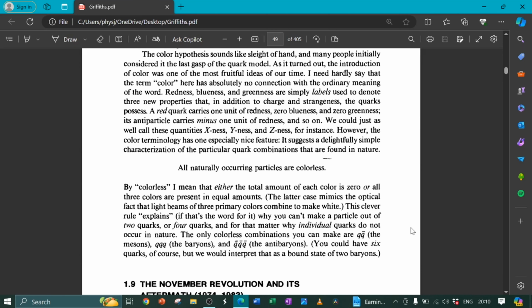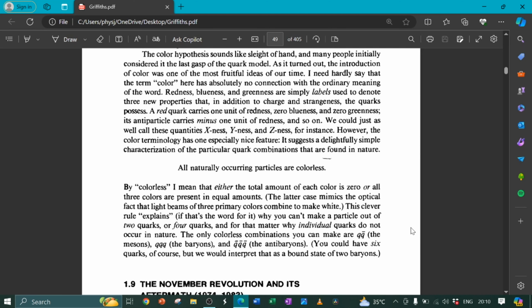However, the color terminology has one especially nice feature. It suggests a delightfully simple characterization of the particular quark combinations that are found in nature. All naturally occurring particles are colorless. By colorless, I mean that either the total amount of each color is 0 or all 3 colors are present in equal amounts.